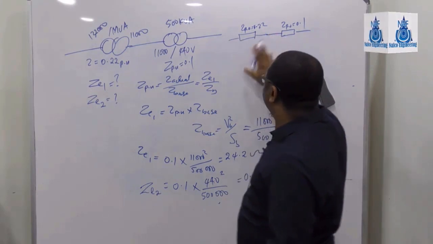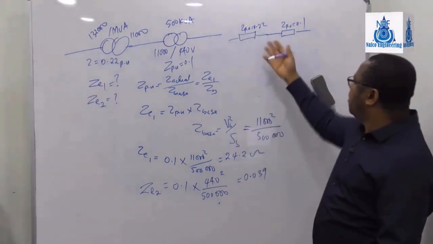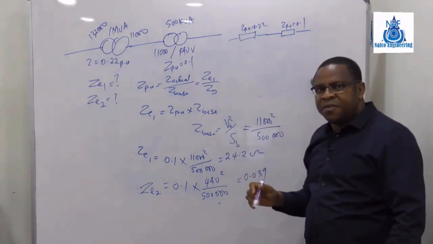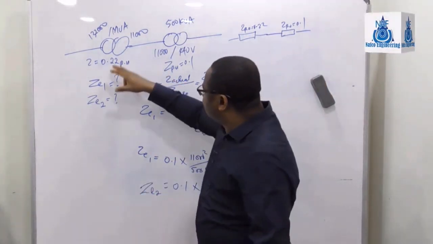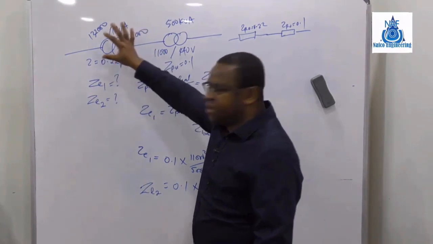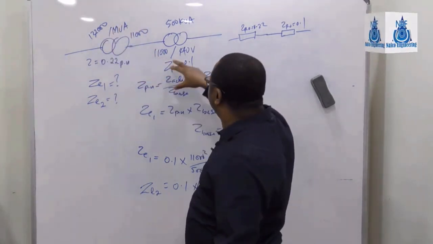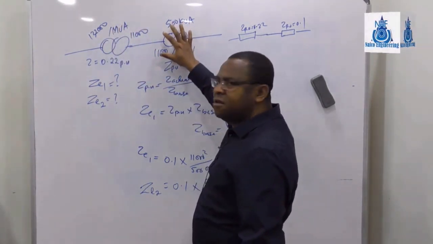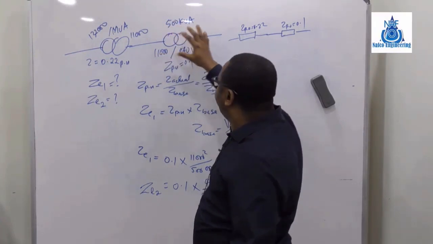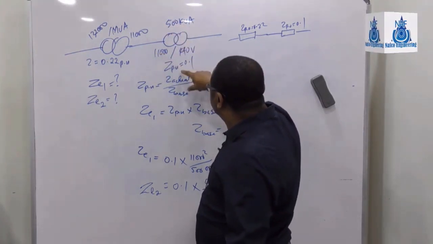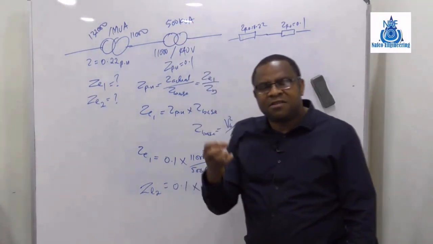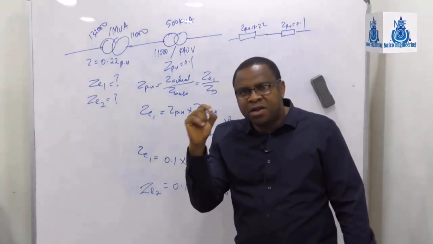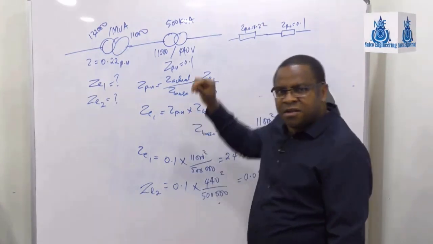like that, to solve any problem with this, I need to ask myself, what does this 0.22 mean for this, and what does this 0.1 mean for that? Remember that this 0.1 means the impedance in the transformer when it is shorted.